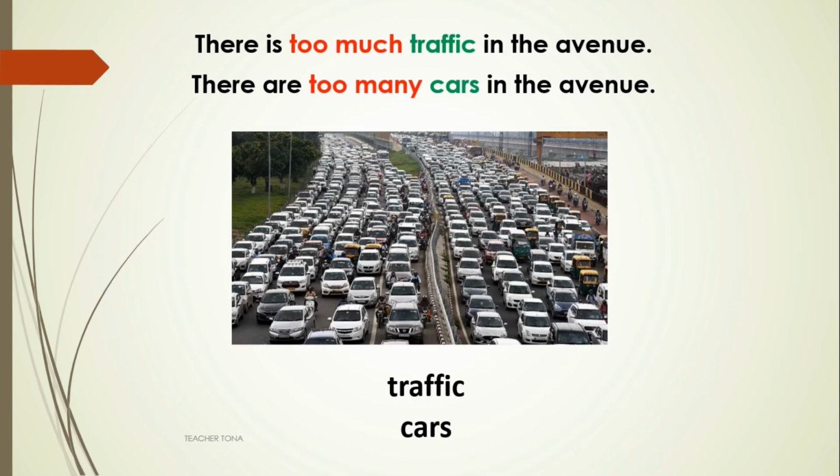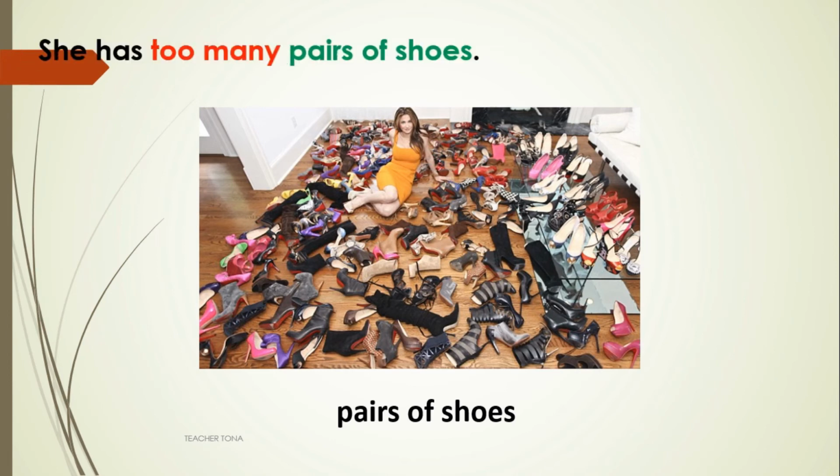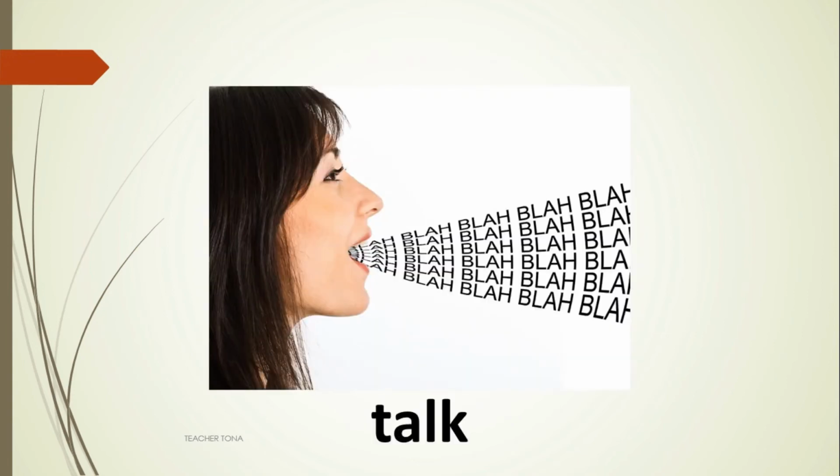We have pairs of shoes in plural, right? It's not only one pair, so there are a lot of them. And we say, kids, that she has too many pairs of shoes. Now let's talk about talk. Well, she talks too much, right?